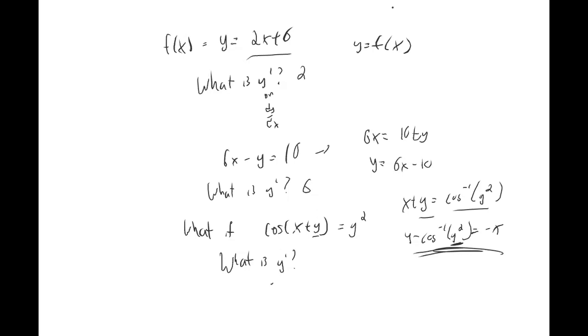So with that being said, how are we going to do this? For example, what is the derivative of, say, cosine of y? I don't know how to write y as a function of x, but whatever it is, let y be f of x.